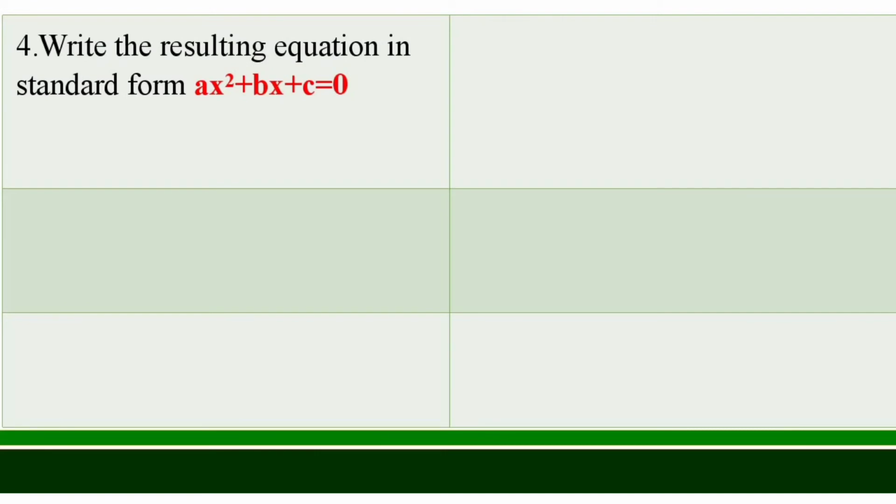Okay? So now, let's proceed to step number 4. Write the resulting equation in standard form, ax squared plus bx plus c equals 0. So now we have 8x plus 24 equals x squared plus 6x. We just copy, class, the answer in step number 3. So what we are going to do is copy first x squared plus 6x.